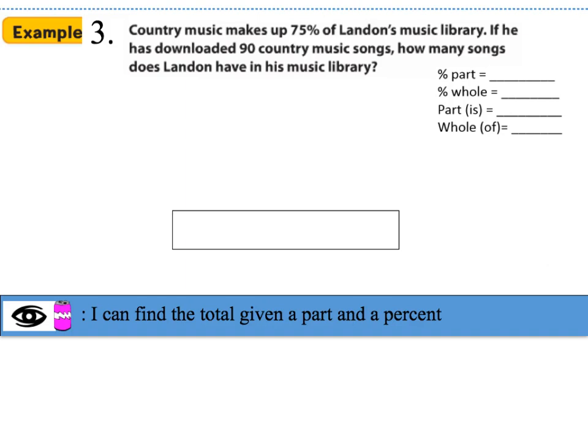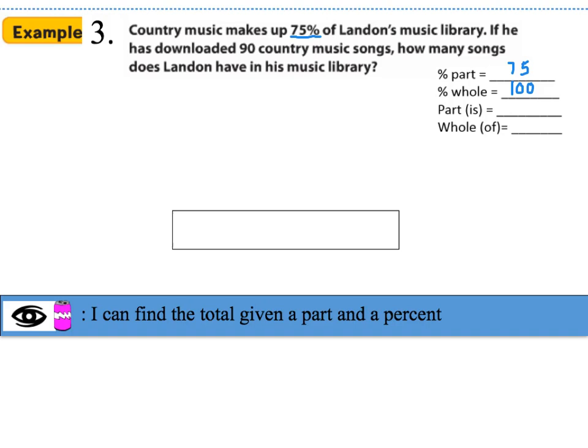So the first part says, country music makes up 75% of Landon's music. That is his percent part, because 75% is part of his music library. We know that the percent whole is worth 100% because a percentage is all out of 100.